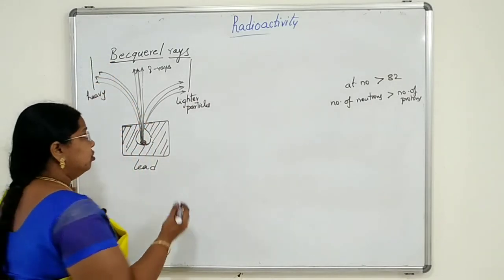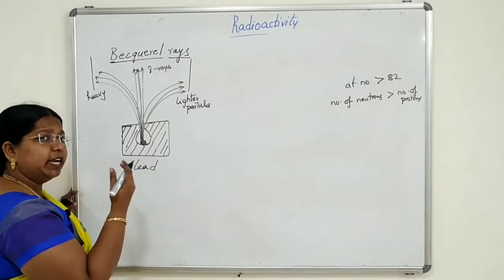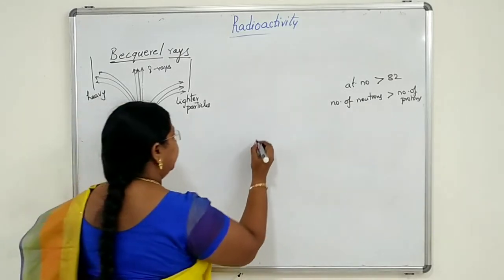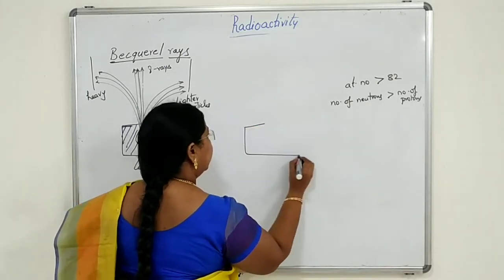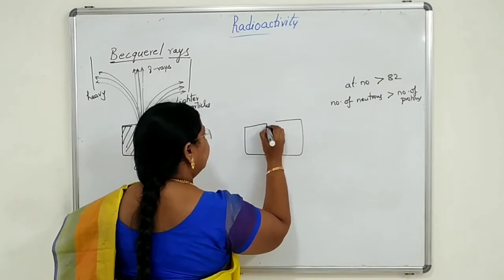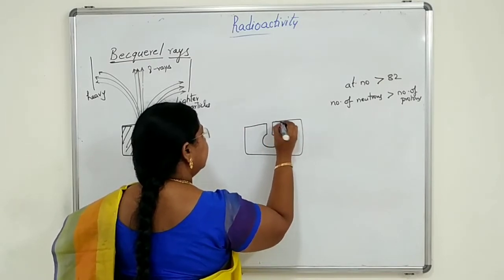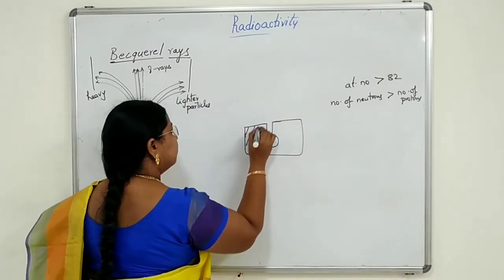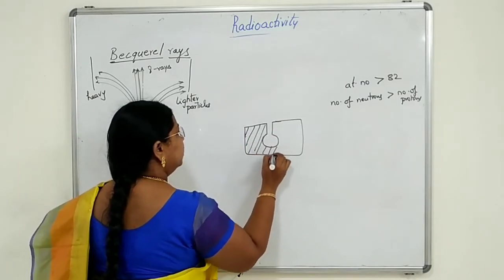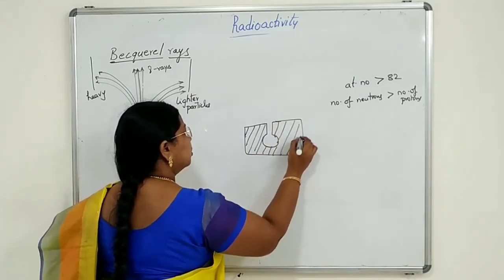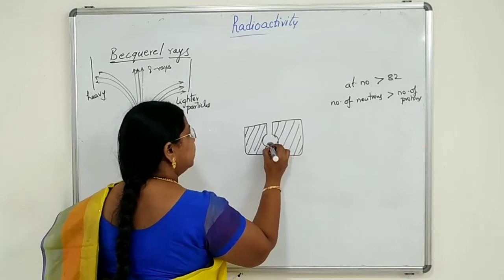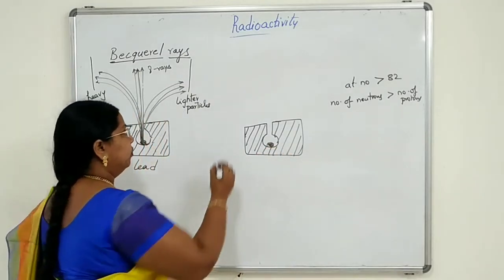Clear? So we kept the electric plates on either side. I'll draw it here again. The lead container acts as an insulator, with a narrow hole for the radiations to come out, and the radioactive substance is placed here.